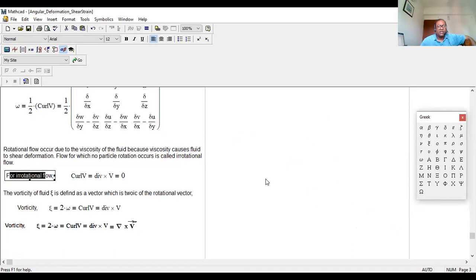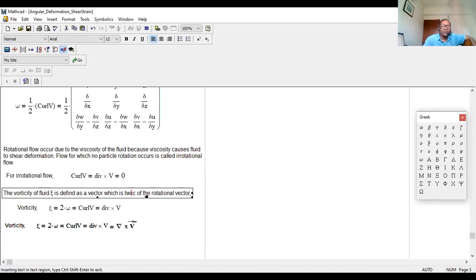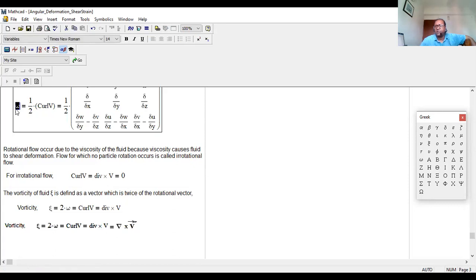Now there is one definition we use, called the vorticity of the fluid. What is the vorticity of the fluid? If you take twice the angular velocity, the angular deformation multiplied by 2, that term is called vorticity. That means curl of V equals 2 into angular velocity, 2 into omega.